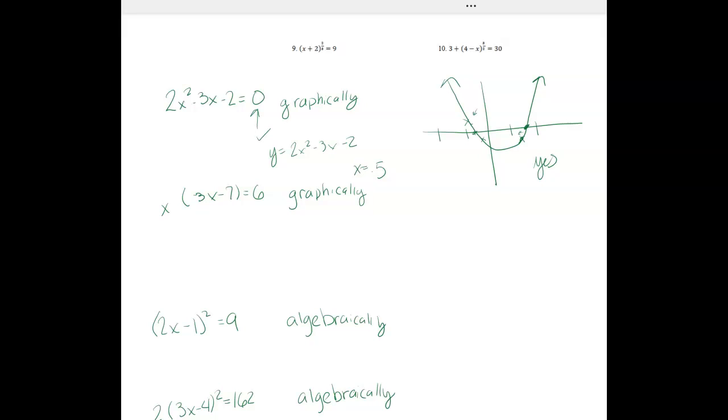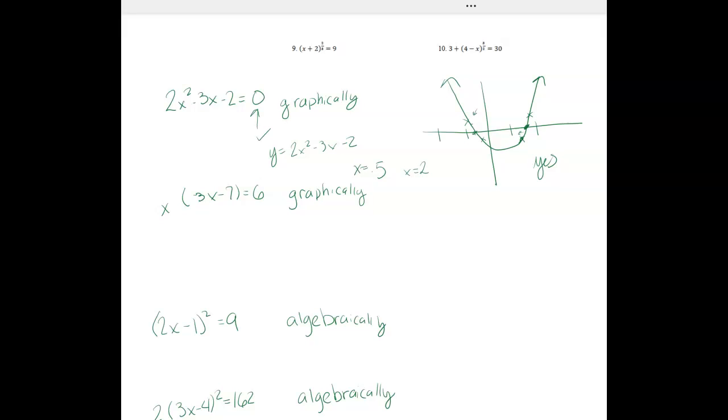And then I'm going to hit enter. And then I'm going to scroll over to the right and hit my right bound. Alright, hit enter. Guess, and my 0 or my x-intercept should be at 2. Alright, nifty. And that's how you graph those.